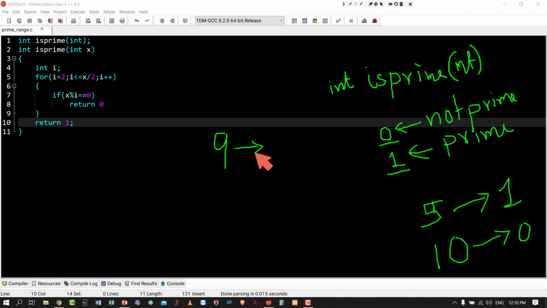If the input is 9, what are the possible i values? What is the initial value of i? i is 2 initially. Okay. So how far will it go?